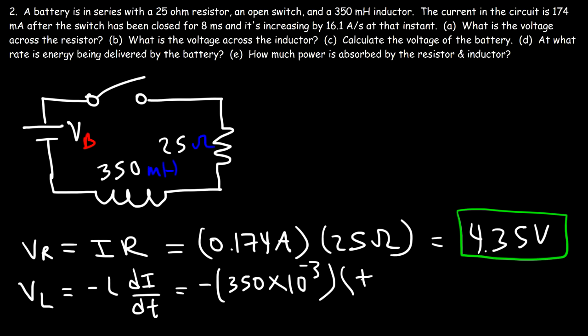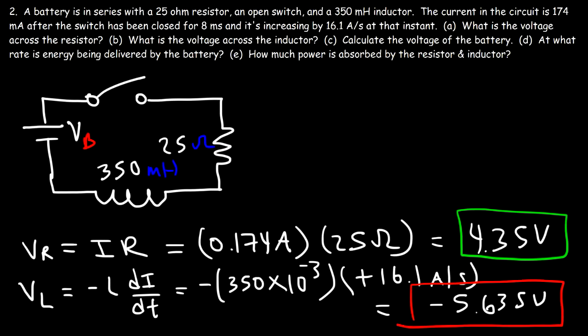It's increasing, so it's positive. It's increasing by 16.1 amps per second. And so this is going to be negative 5.635 volts. The negative sign tells us that the inductor is consuming energy from the circuit.